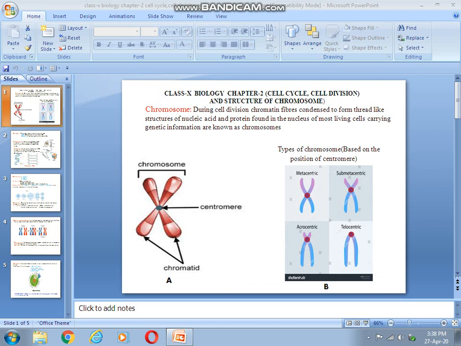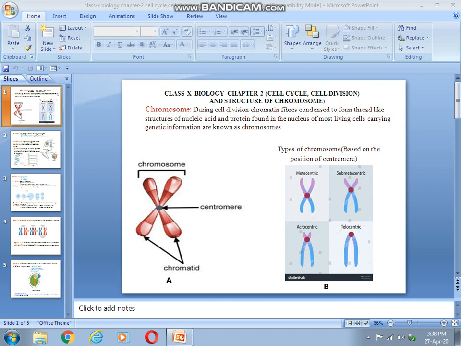You can see the chromatids, the arms are chromatids, and two chromatids joined together in a particular place by a button-like structure which is called centromere. But the location of centromere is not fixed in all chromosomes. Sometimes the centromere remains at the middle, then it is called metacentric.